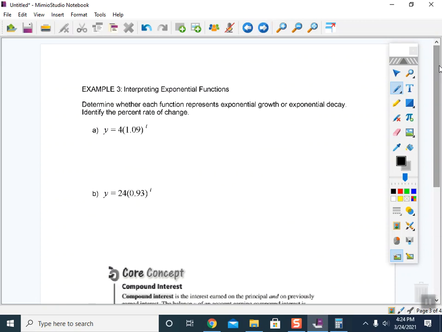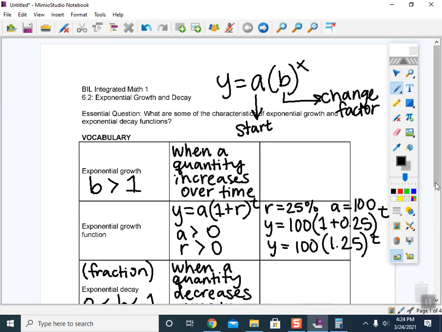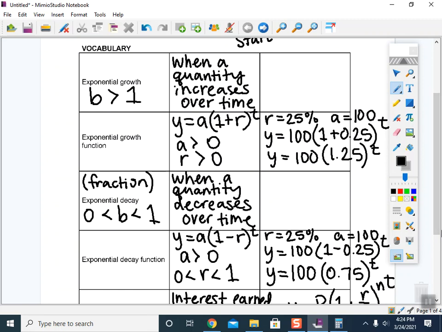Determine whether each function represents exponential growth or decay, and then identify the percent rate of change. Percent is important. First, let's figure out if it's growth or decay. I have y equals 4 times 1.09 to the t. Remember, exponential growth happens when b is greater than 1.